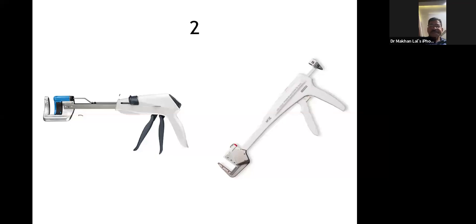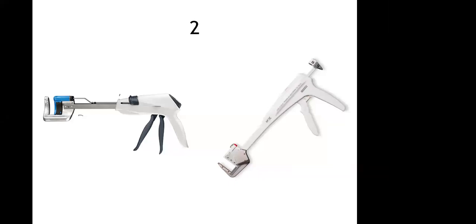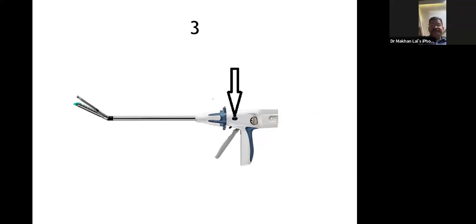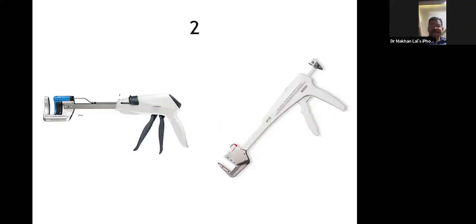Suppose you have applied it to the lower end towards the rectal stump. Once the staple is applied, you have to fire. Once you fire, will you cut straight away or will you do something else?